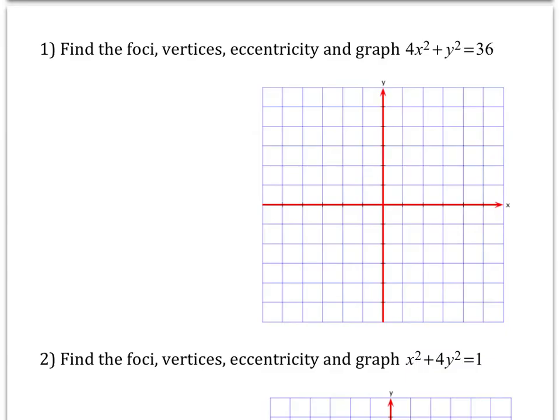Okay, so if you wanted to graph this problem, you first have to get 1 on one side, so you divide both sides by 36. You get x squared over 9 plus y squared over 36 equals 1.